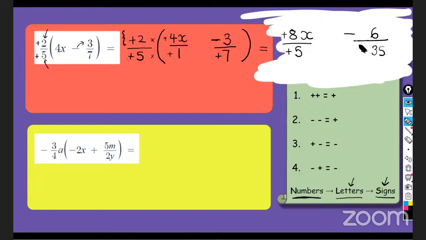Everyone take down up to there, we almost finish. We just have to simplify it a little bit, right?